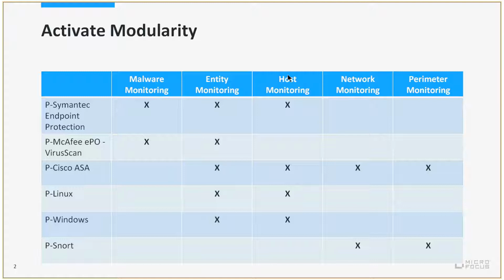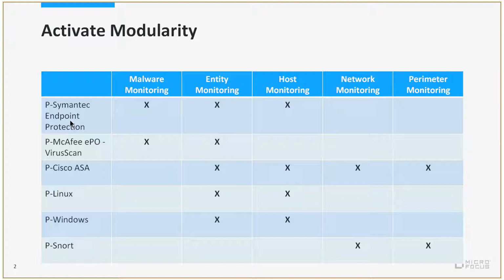And even though a product package is specific for a device, let's say a malware solution or a firewall, that doesn't mean that it will only fit one specific solution package. It might fit several solution packages. Like for instance, the product that I will use to demo this is Symantec Endpoint Protection.